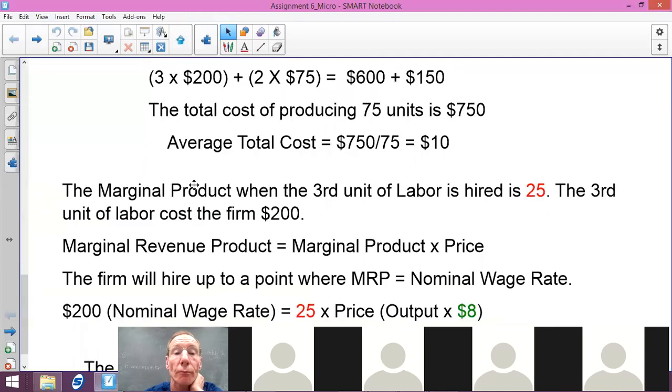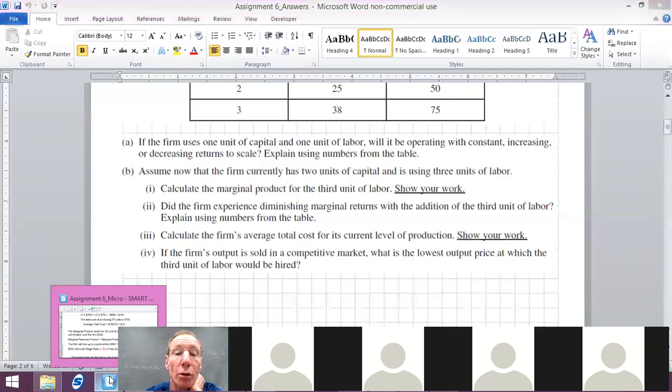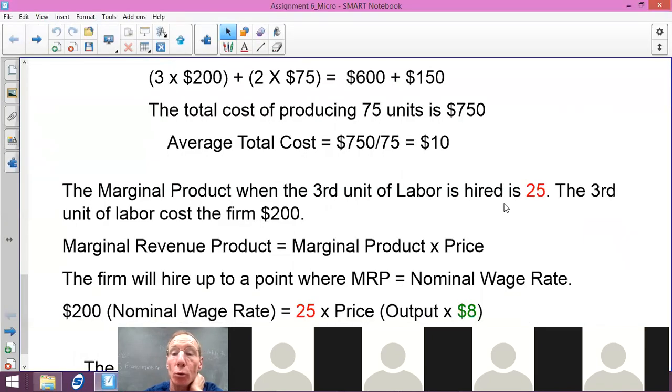Something brand new here, okay? So the marginal product when the third unit of labor is hired. So that's what the problem actually asks you. What is the lowest output price at which the third unit would be hired? Okay, so the first thing that we need to do is figure out what the marginal product was.